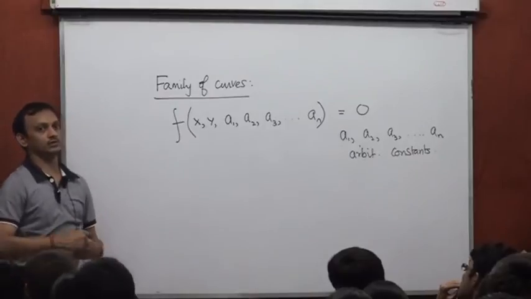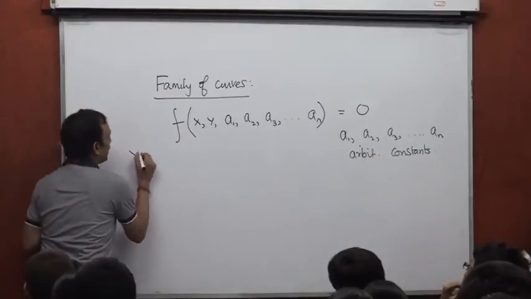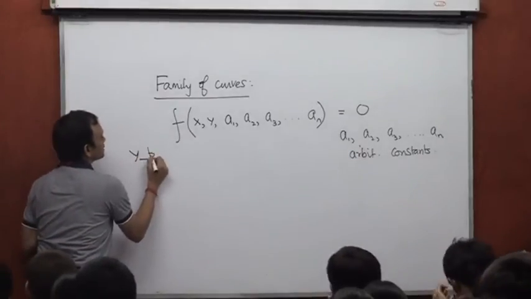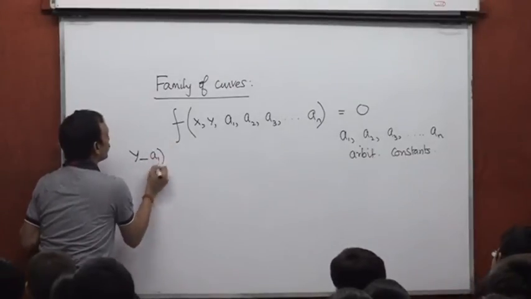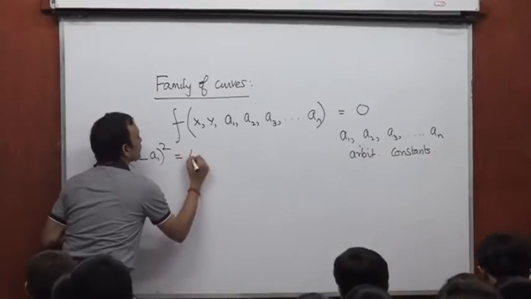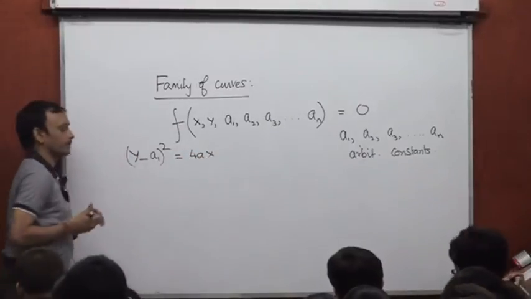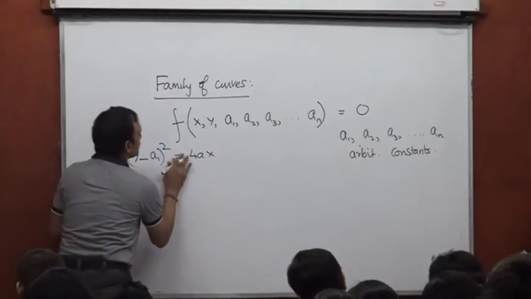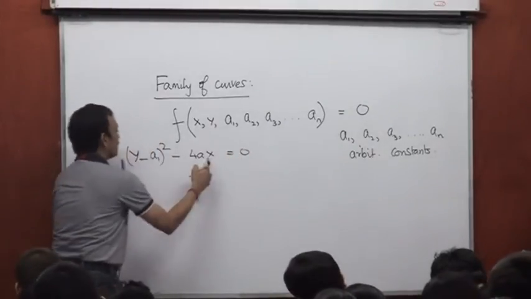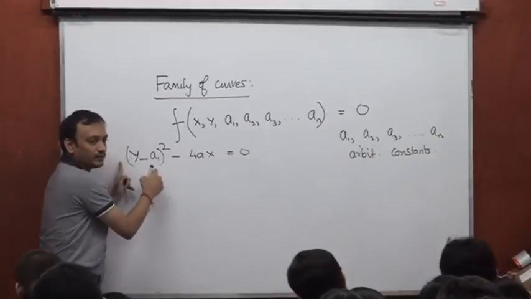For example, I can have, let's say, a curve like this, (y minus a1) whole squared equals 4ax. Suppose a curve is given of this kind. When I write this equal to 0, it's a function of x, y and a1.